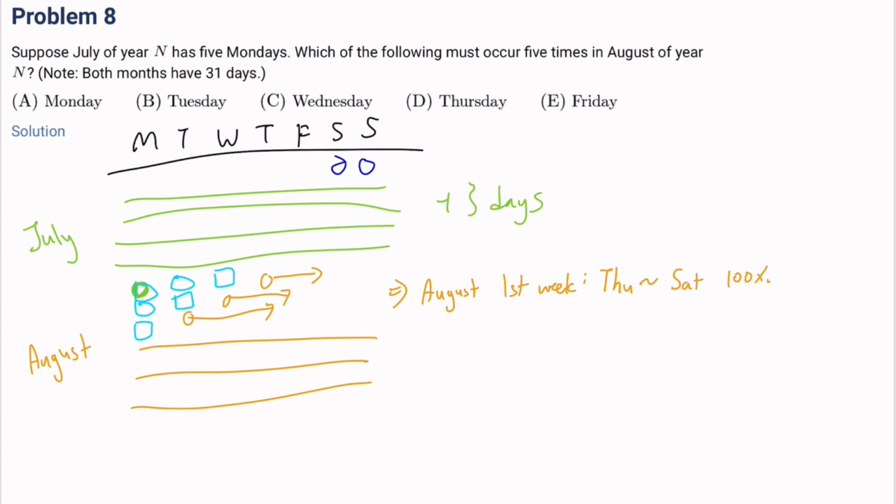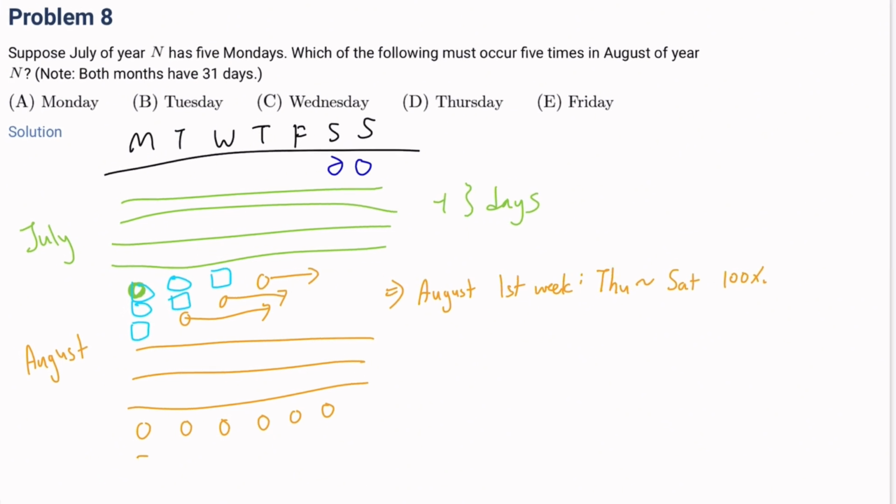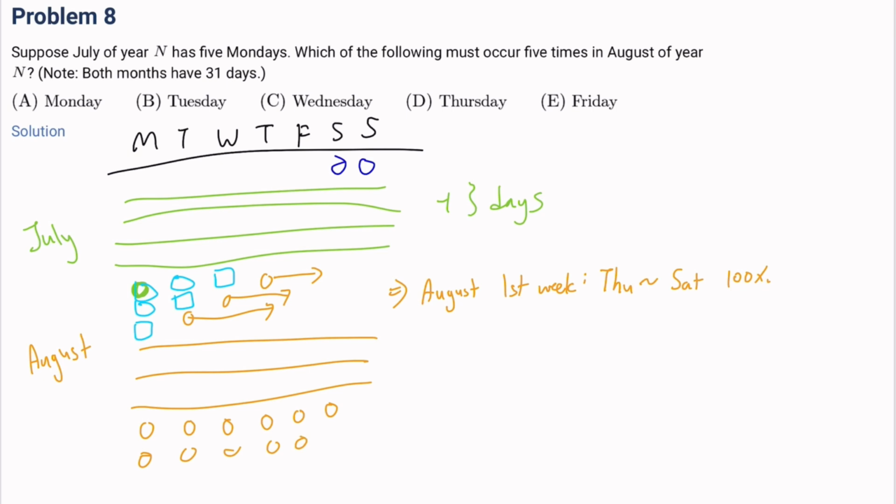And so accordingly, for that case we will have 5 days at the last week, and for this case, we will have 4 days at the last week, right?